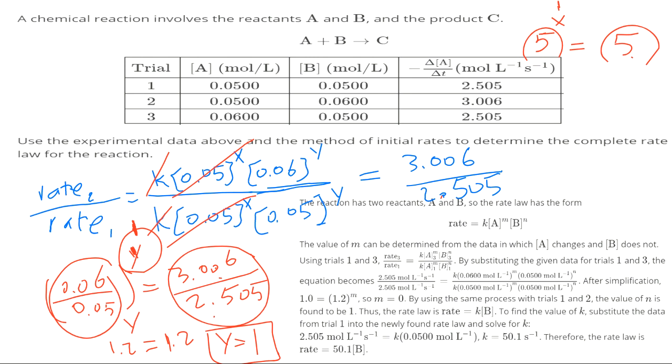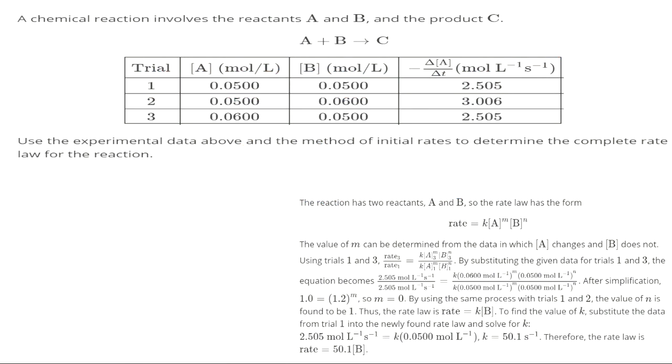You also need to find the value for k. To find the value for k, as I said in my previous recorded PowerPoint, you take one experiment only, and then you plug in the numbers. So far we found that rate equals k, concentration of A to 0, concentration of B to 1.